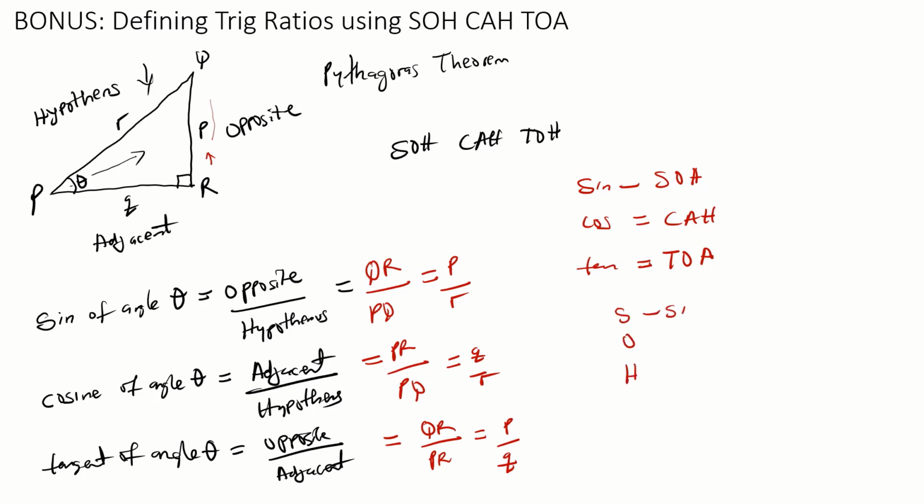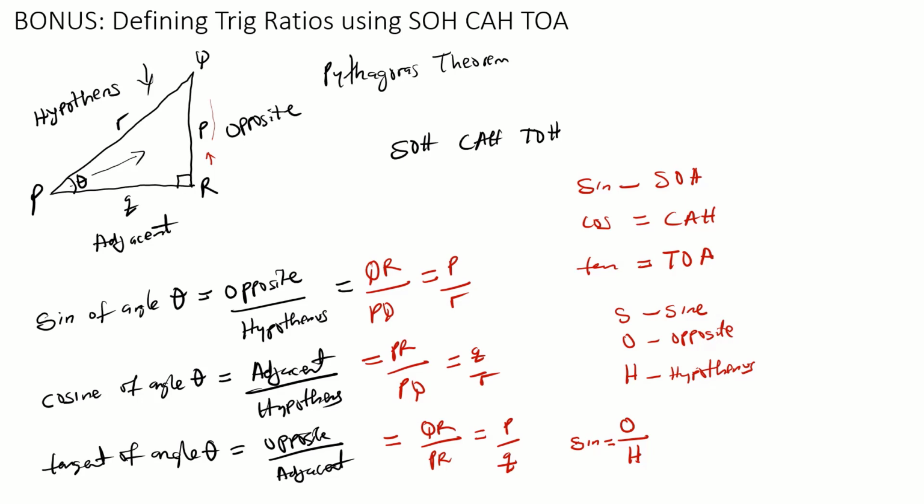The O is opposite, and the H is hypotenuse, sorry. So we define the sine by opposite over hypotenuse. Do you see where the SOH is coming from?